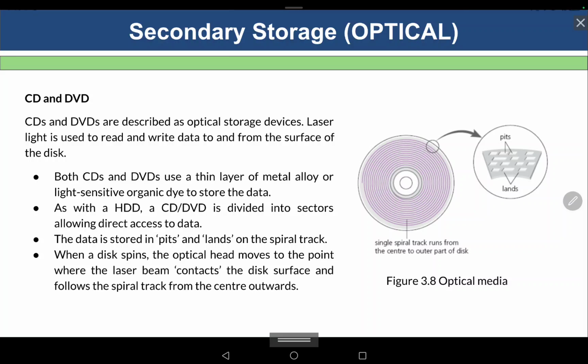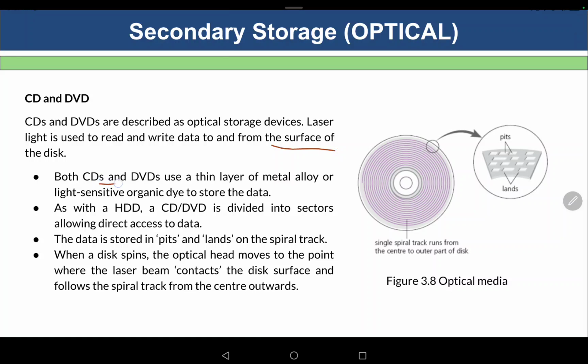Now let's look at CDs and DVDs. CDs and DVDs are examples of optical storage devices. CD and DVD use laser light to read and write data to and from the surface of the disk.